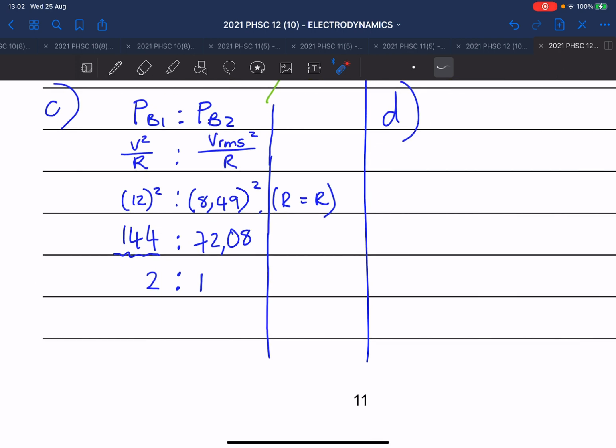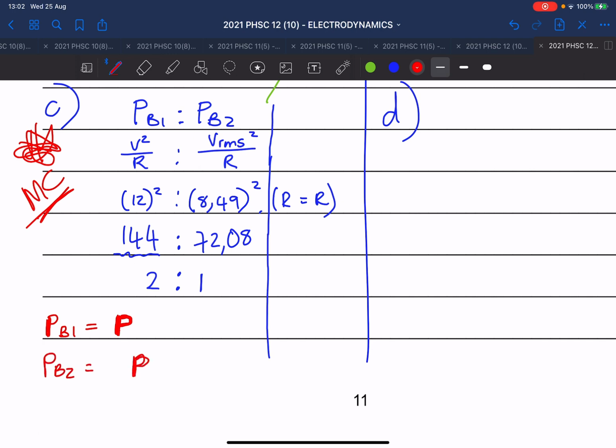Or I can ask this as a multiple choice question, and they love to ask this as a multiple choice question. That is why I put it in here. They can tell you, consider, let the brightness of bulb 1 be P. What is the brightness of bulb 2 in terms of P?